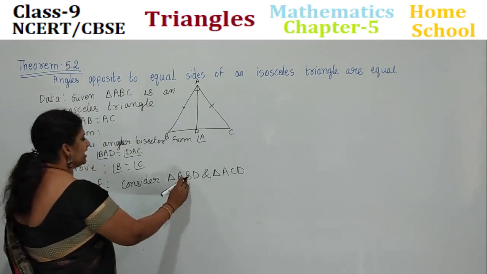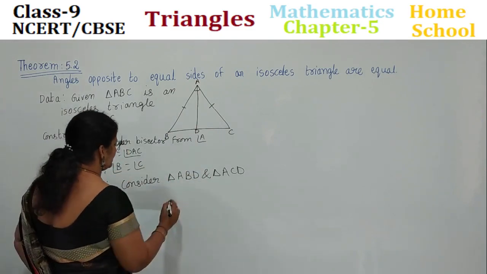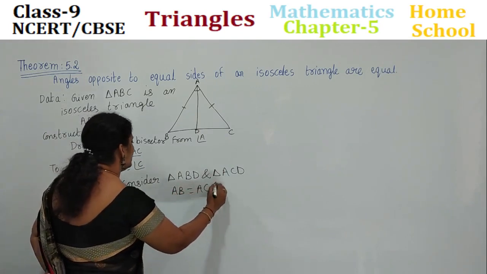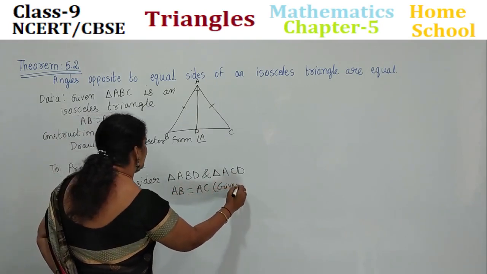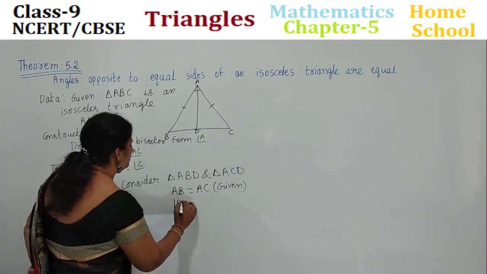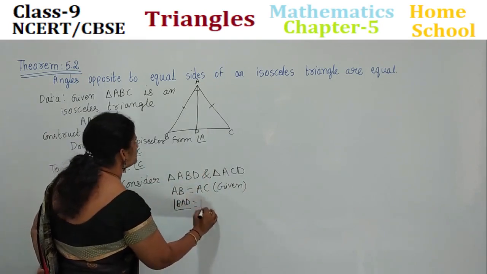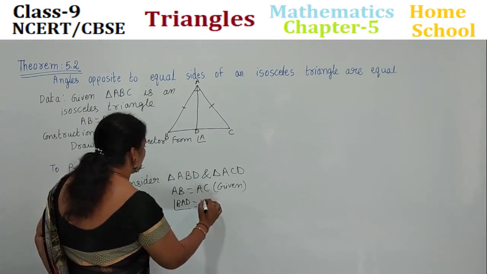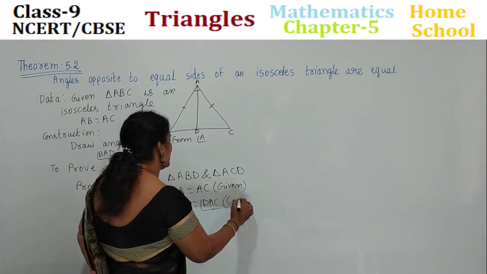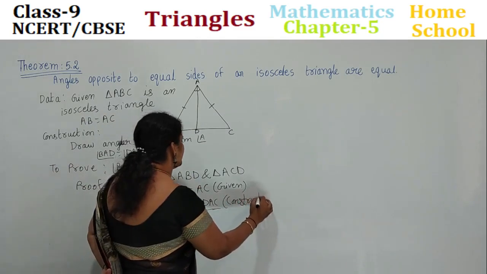Consider triangle ABD and triangle ACD. AB is equal to AC. How? That is the given data. And angle BAD is equal to angle DAC. How can we say this? By construction.